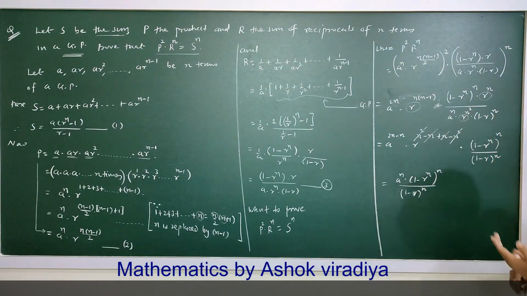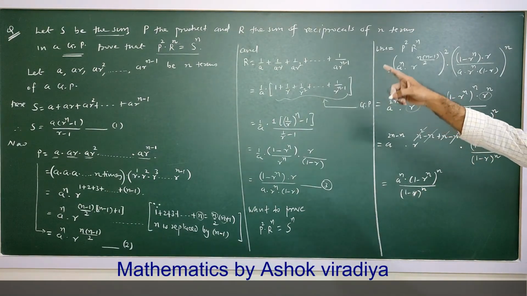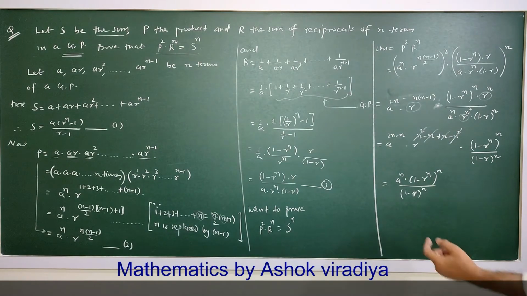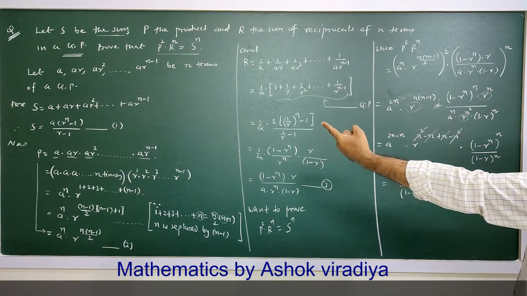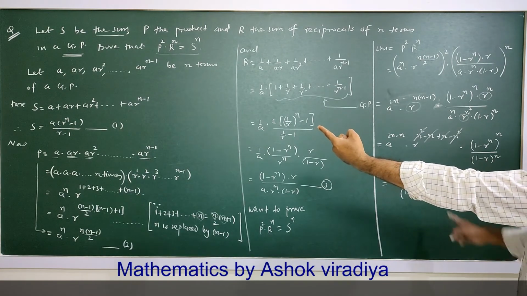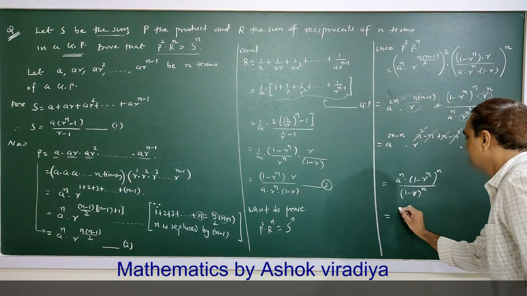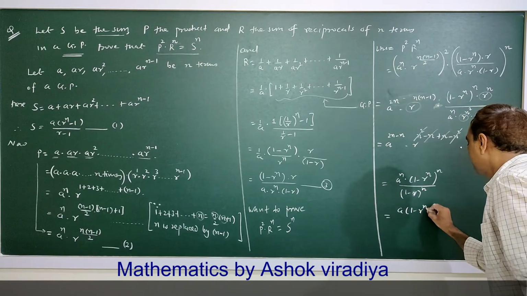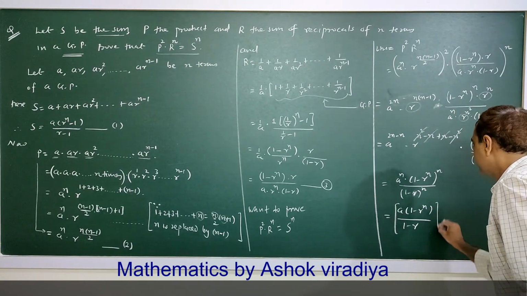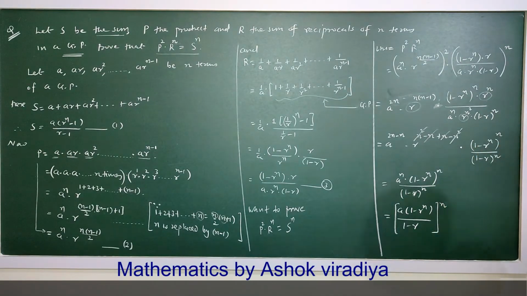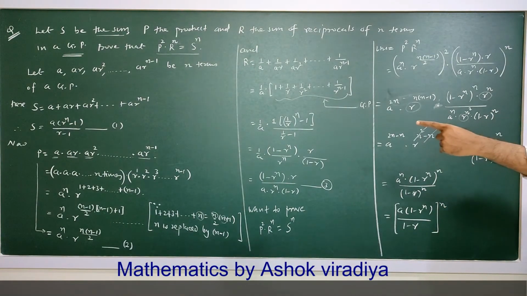Now we want to prove that it is equal to s raised to n. What is s? Look there. We are going to get s raised to n. So this can be expressed as a into (1 minus r raised to n) upon (1 minus r) whole raised to n, and it is s raised to n.